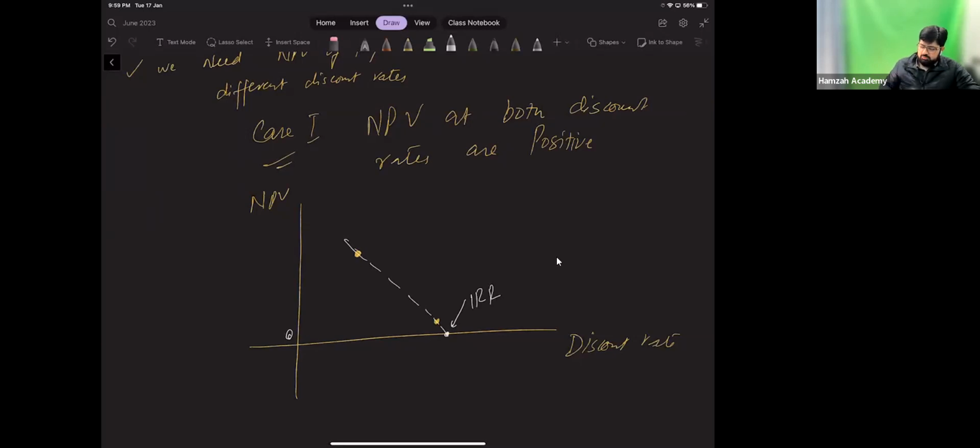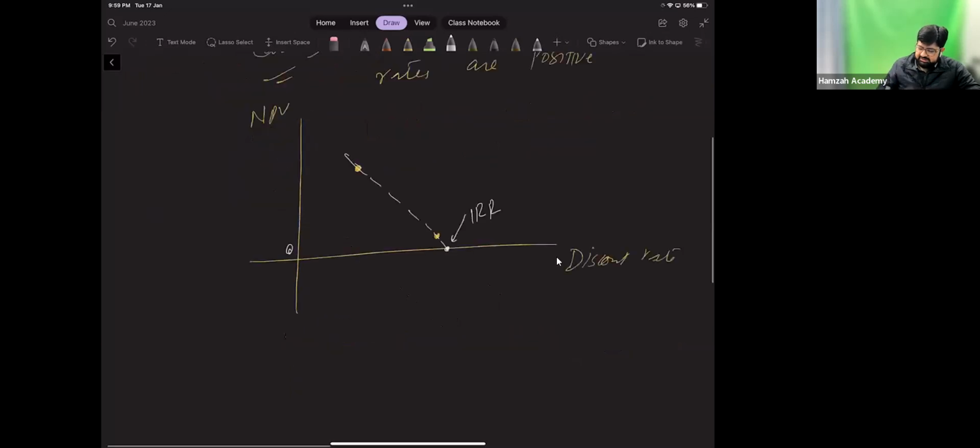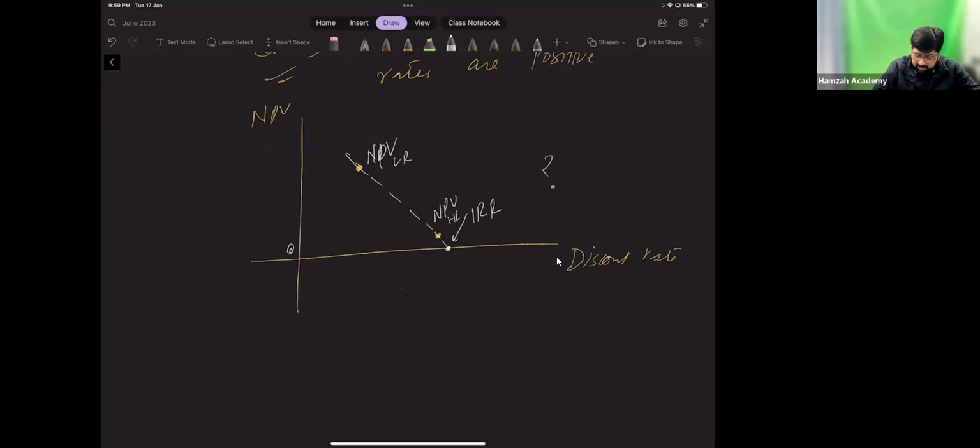Now, case 2. Is it clear, students? This is NPV at lower rate. It is NPV at higher rate. Tell me, how will IRR be there? IRR is the rate at which NPV will become 0. Is it clear?